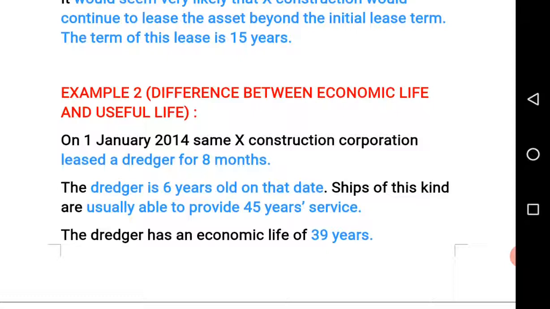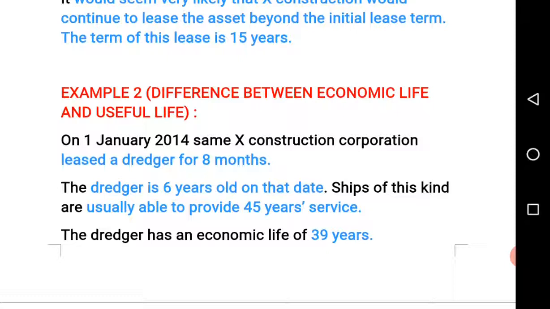The dredger is 6 years old on the date. Ships of this kind are usually able to provide 45 years of service. Most of our questions here are gotten from the old ICAN study pack, so we'll be explaining the examples given and trying to make them more understandable to us.